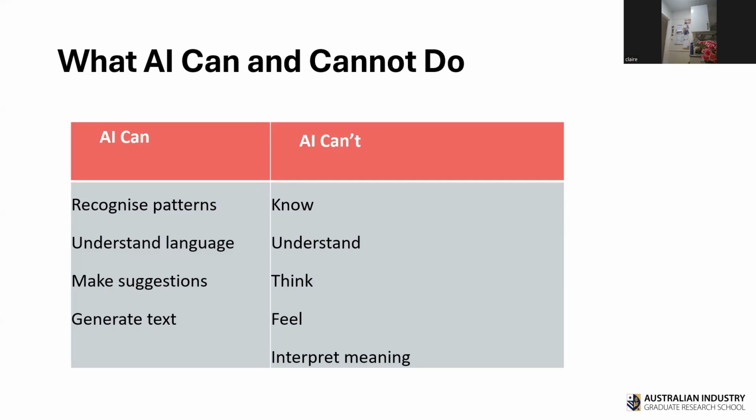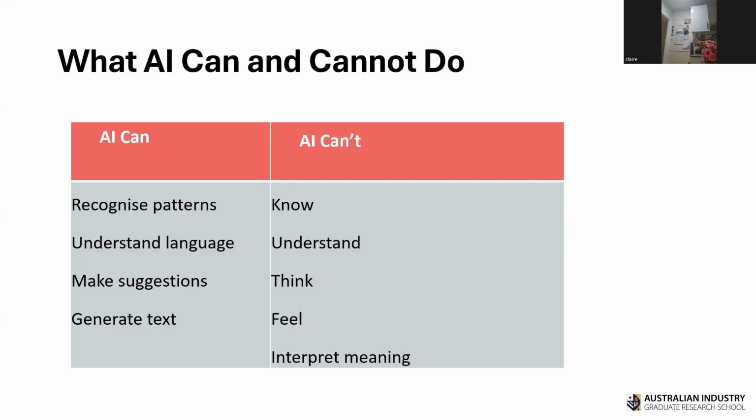It can understand language, but when we say understand, not understanding in a human way. Understanding as in it's been trained to make those predictions and suggest likelihoods. It can make suggestions, and it can generate text.